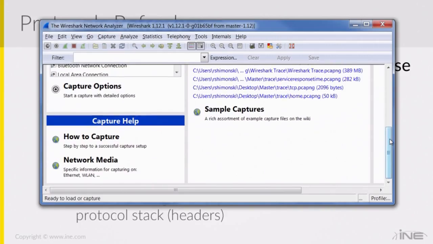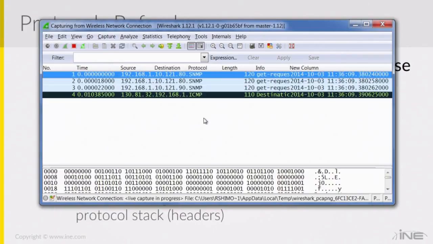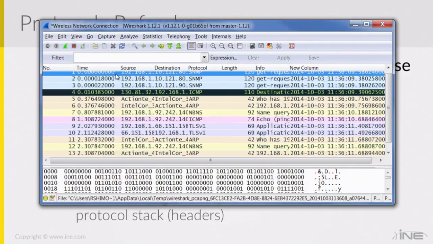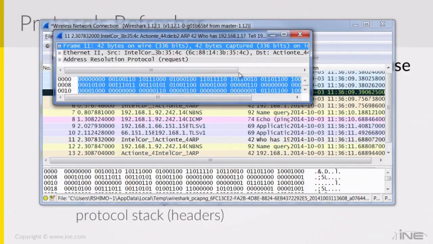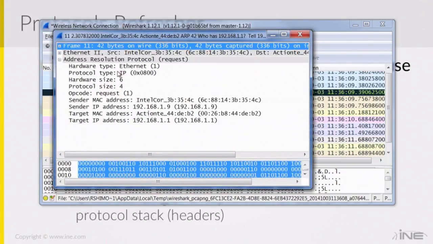So a quick example: if I was just capturing data, and I specifically wanted to look at an ARP packet, it's very interesting that there's no IP header. If I was going to draw this on an OSI model, I would have only gotten up to layer 2, whereas layer 3, the network layer, would have shown me the IP address.